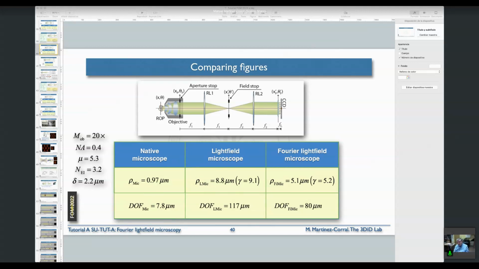So yes, we need more light. For example, this 0.65 numerical aperture is converted into 0.2 effective numerical aperture for each of the elemental images. So if you are at the border, you need more light.